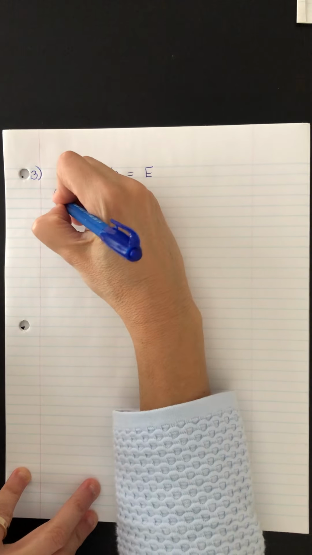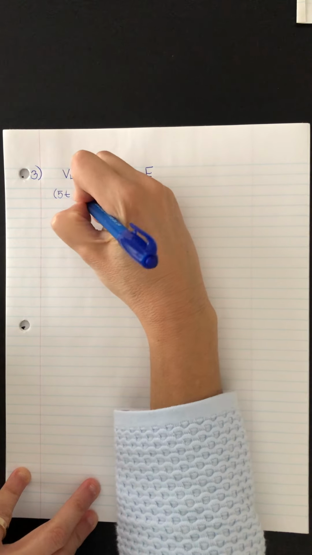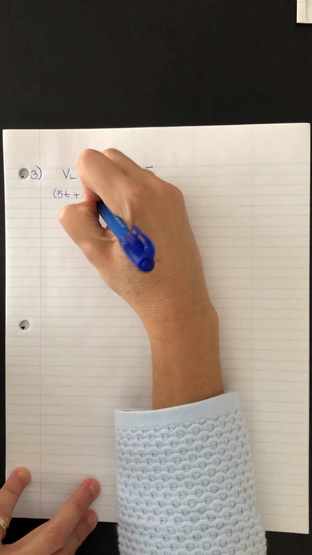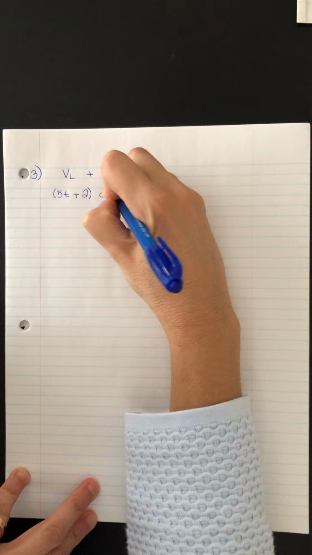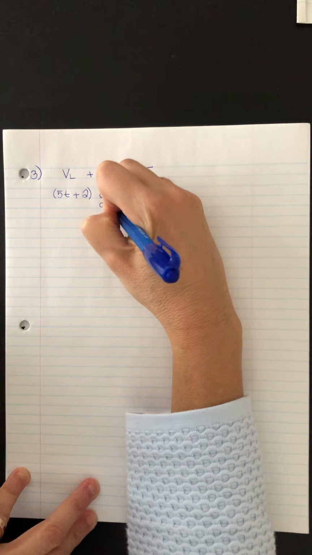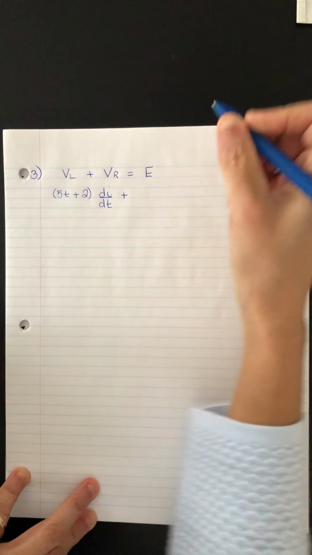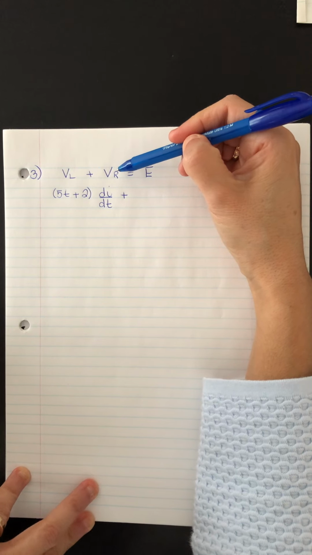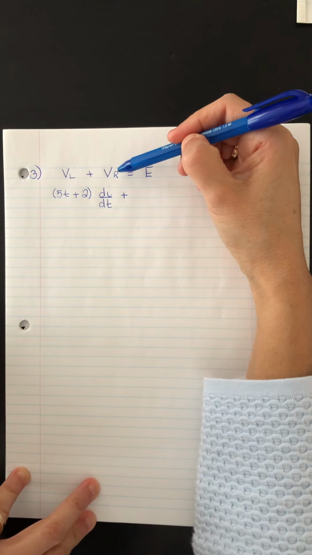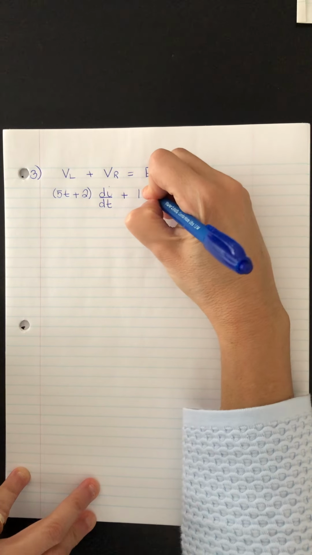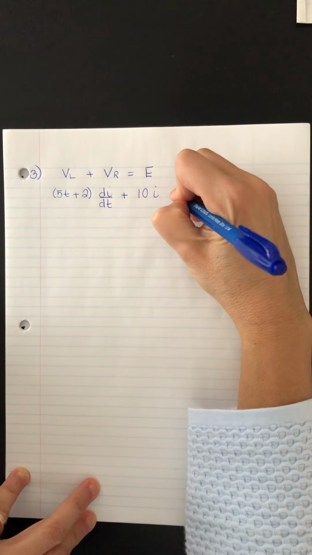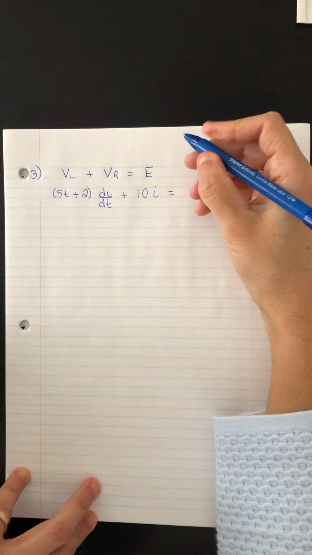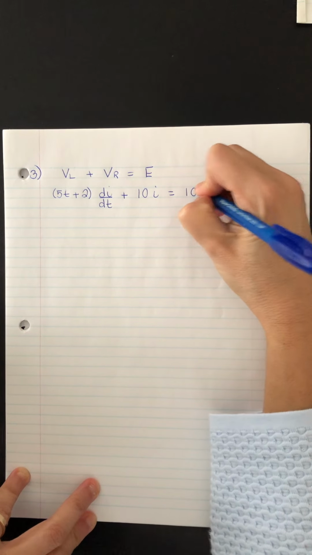So (5t plus 2) times dI by dt plus this is I times R or R times I, and in problem 3 that's 10 times I, and the voltage in this question is 100.